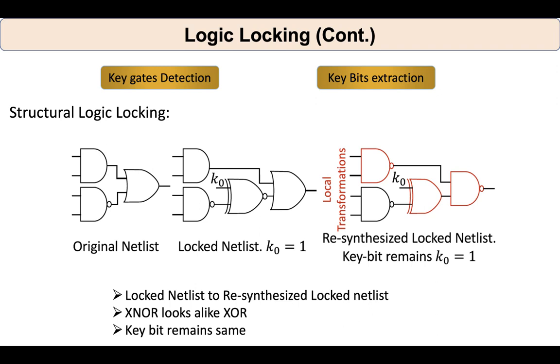As it is an XNOR gate, the correct key bit is 1. After the local transformation, it seems like I have inserted an XOR gate, and that will make the attacker confused about the key guessing. In simple terms, we can call this local transformation synthesis.